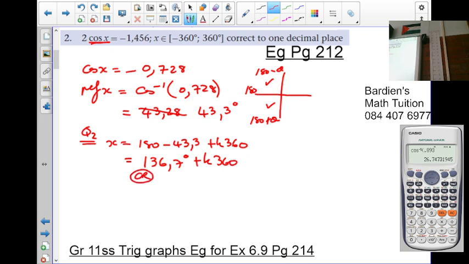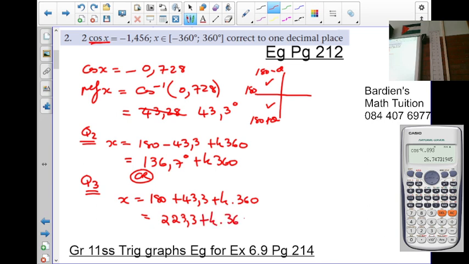Or quadrant 3, x is equal to 180 plus 43.3 plus k times 360. Work that out. 223.3 degrees plus k times 360, where k is an element of integers. That's a Z thing, né? Integers.